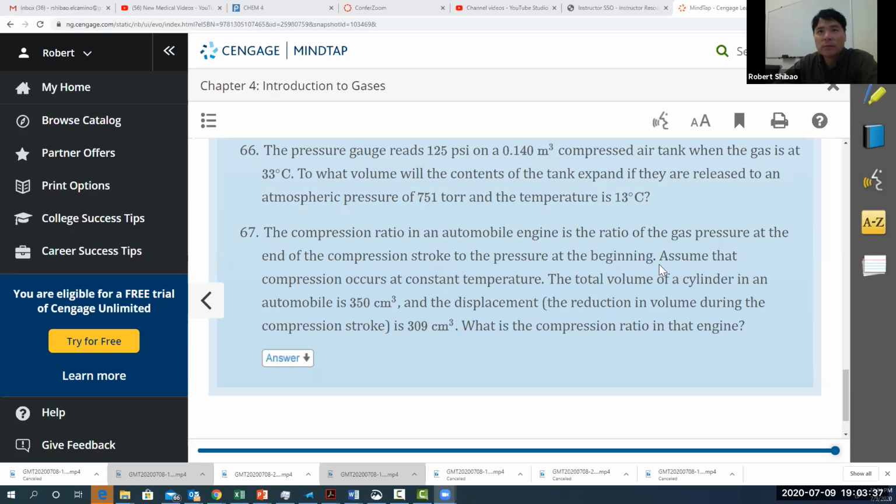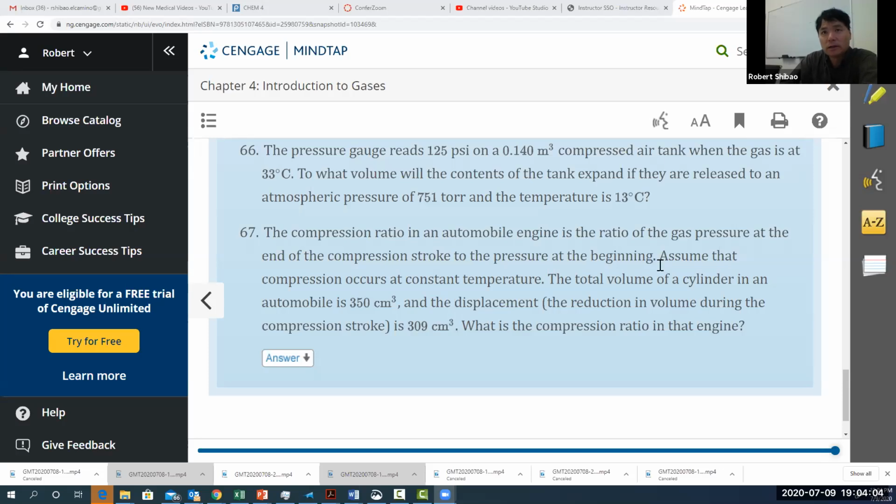Assume that compression occurs at constant temperature. It doesn't. The temperature increases, but then you can wait until things cool down. The total volume of a cylinder in an automobile is 350 cubic centimeters. And the displacement, the reduction in volume during the compression stroke, is 309 cubic centimeters. What is the compression ratio in that engine?